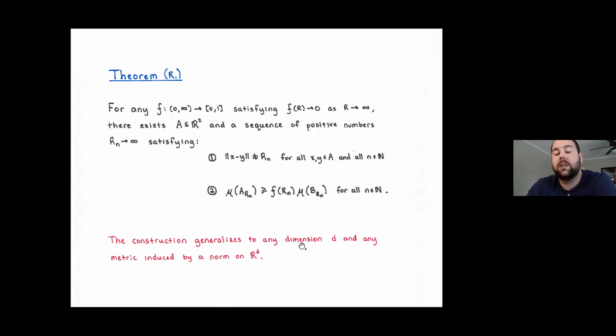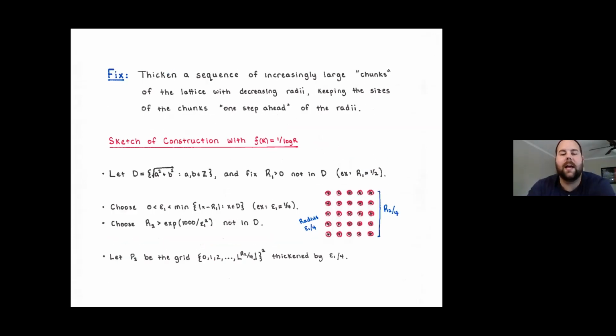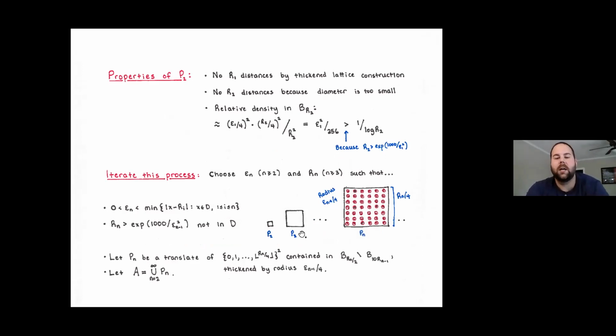And that construction generalizes to any dimension and any metric induced by a norm on R^d. And what does it look like? It looks like a bunch of chunks of thickened integer lattice points, where the scale of the chunk is determined by the previous radius.